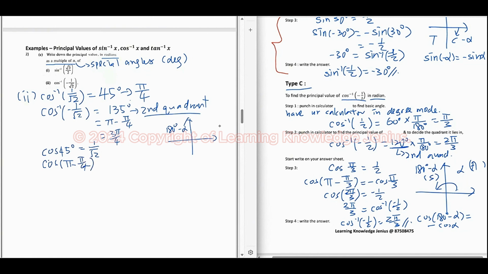Because it's ASTC, cosine is negative with the basic angle. Then you get 3 pi over 4 equals negative 1 over square root 2. Then you get this equal to inverse cosine of this. Finally, you just swap the position to write your final answer.